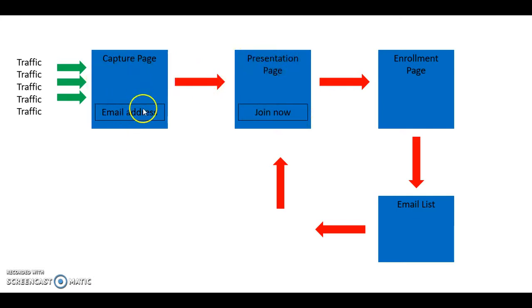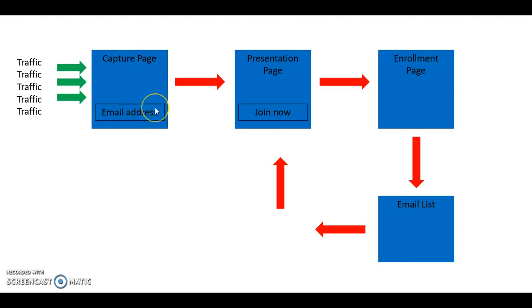So the basic structure of a funnel is this one here. You send traffic, and I'll show you how you are going to send traffic, to a capture page so that the lead can enter an email address. Minimum, you want them to enter an email address.